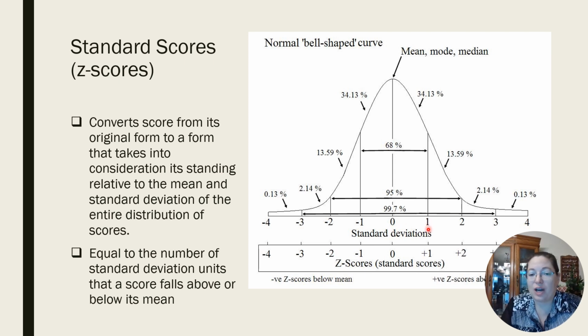And we've got our 1, 2, and 3 representing our standard deviations. And again, we've got the same distribution of scores as within the normal bell curve. Within 2 standard deviations, we're having 95% of our scores showing up.